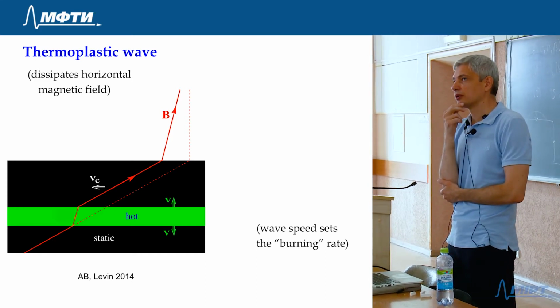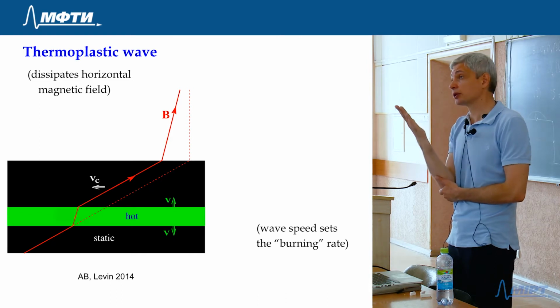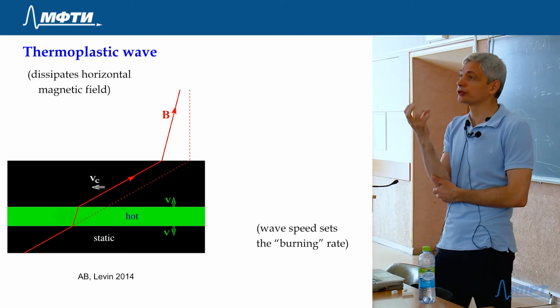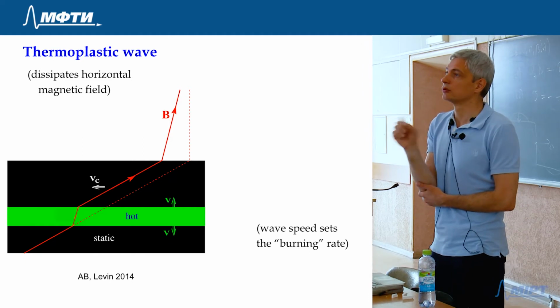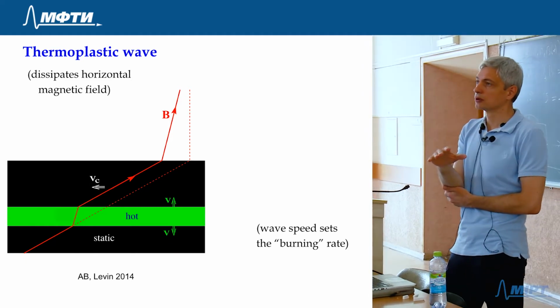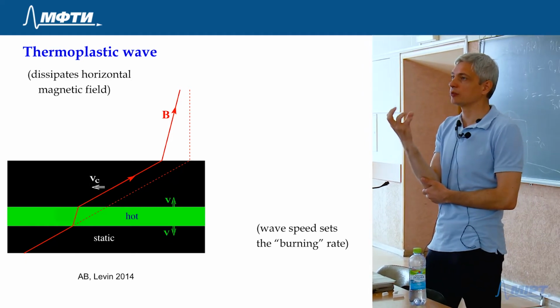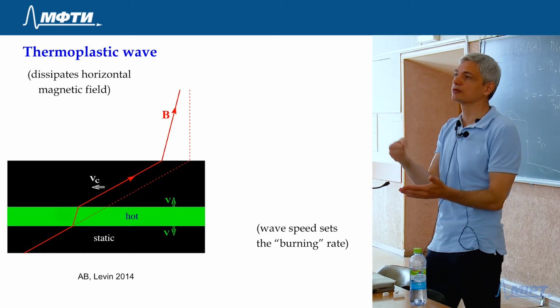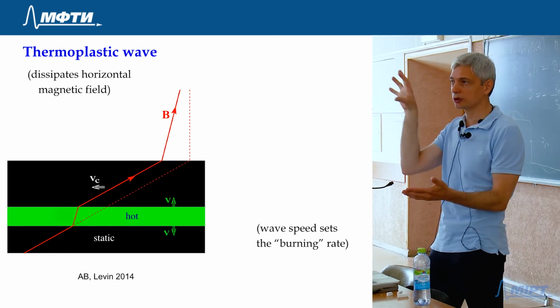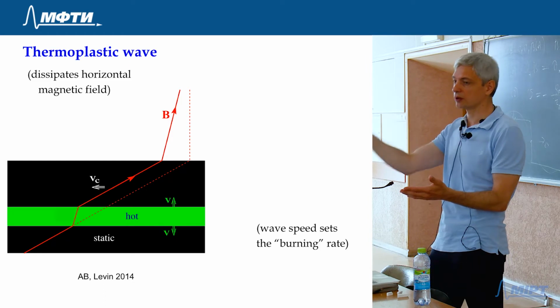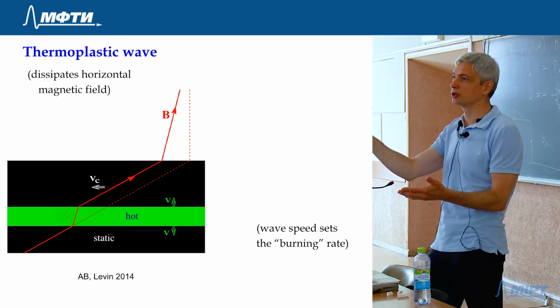And of course, to explain the spectrum in particular of giant flares, the energy release has to occur in the magnetosphere, not below the surface. So that's why you have to think about how this energy is extracted from the core, deposited into the magnetosphere, and then dissipated and converted to radiation there.